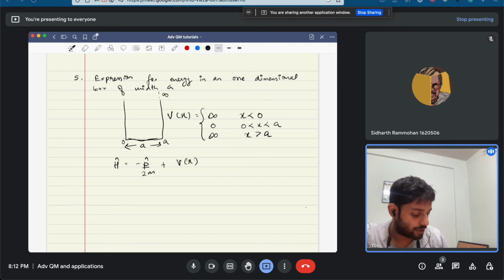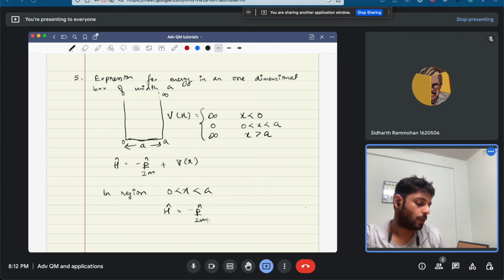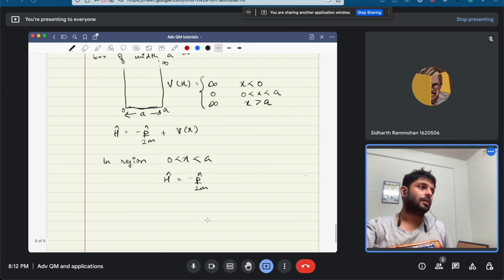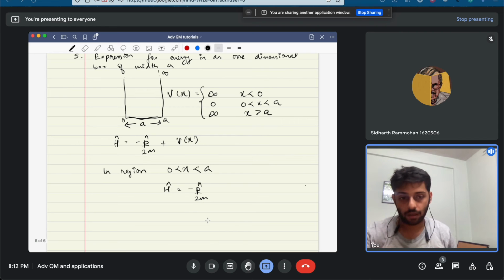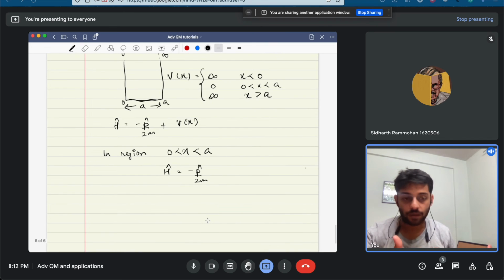So in region 0 to A, H is essentially a free particle, whereas everywhere else there can't be any possibility of the wave function. The wave function will just be 0 as V tends to infinity.